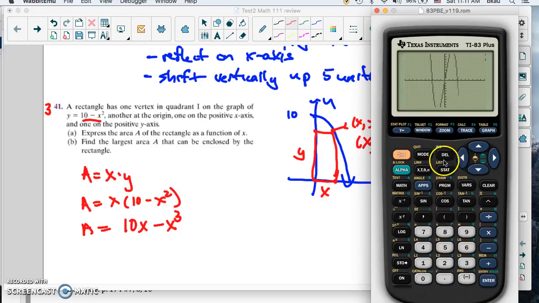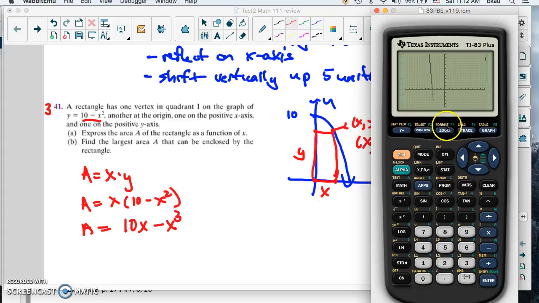It looks like it has a maximum up there somewhere, and that's what we're looking for. We're looking for a positive maximum. So we need to make our window a little bit taller on the y's. We would maybe make this y max a 20 instead of a 10, and I don't want so many marks, so I'm going to put 2 there for scale.